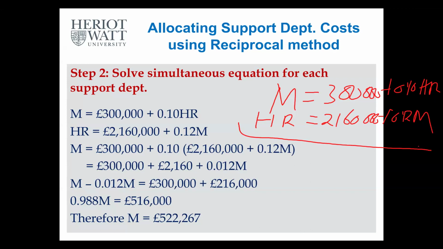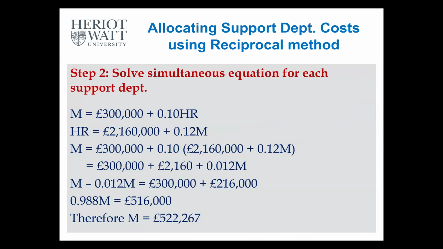If in maintenance we decide to replace HR, where there is HR here, you put the whole function for HR. Have you seen that? This is what I've done. And then you expand, right? 0.10 times this gives us this amount. 0.10 times that gives us this. And then from here we can nicely solve for M, for maintenance, right?